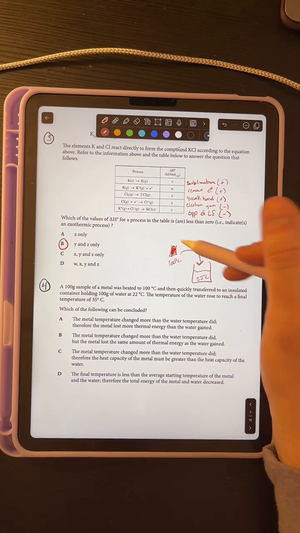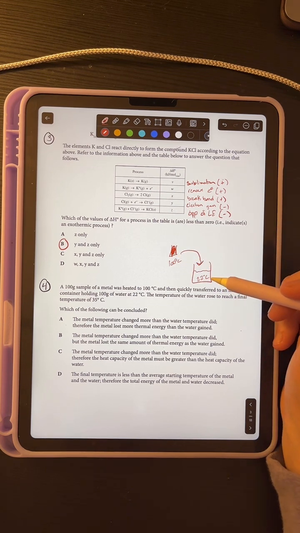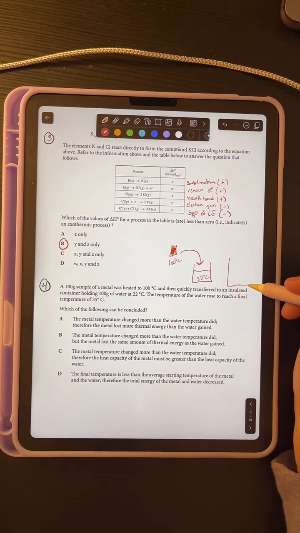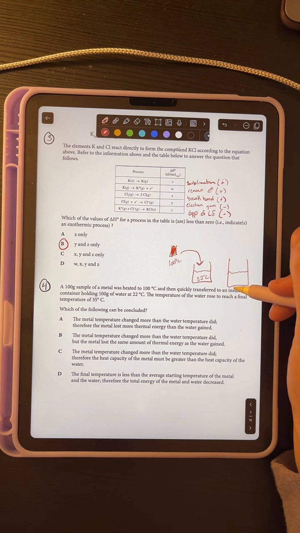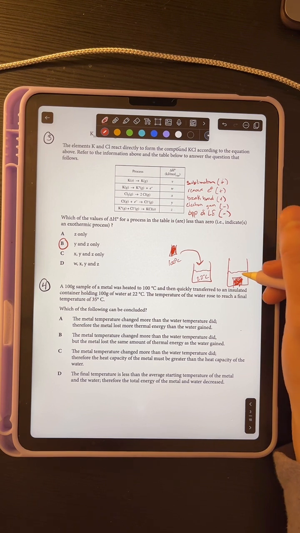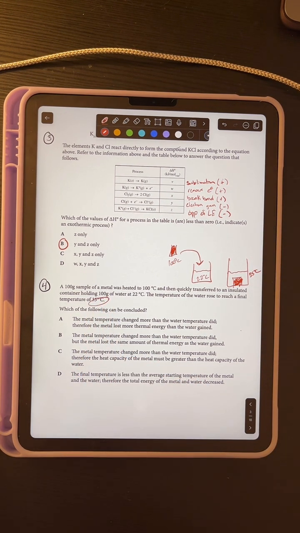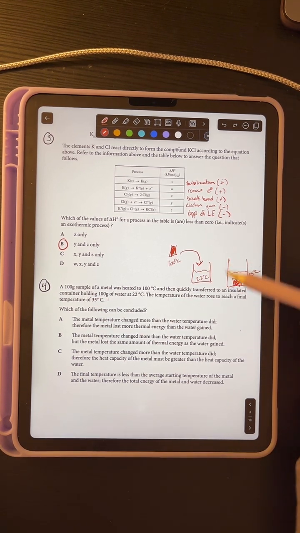Well, heat is going to transfer from the hot metal to the cold water until we get to a solution that is at thermal equilibrium, where our temperature is at 35 degrees Celsius. So this is the concept of what's going on.